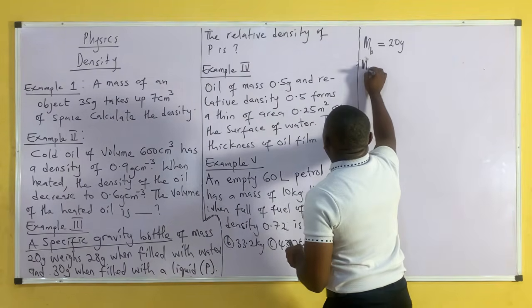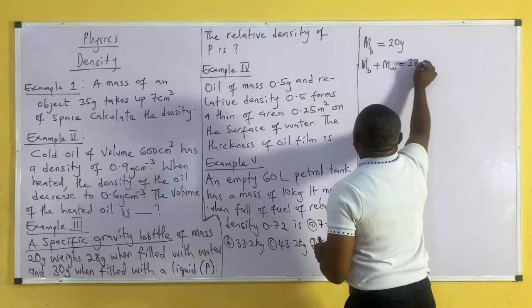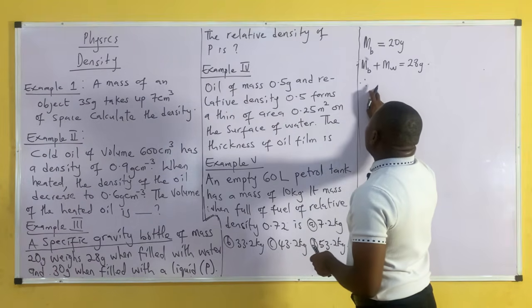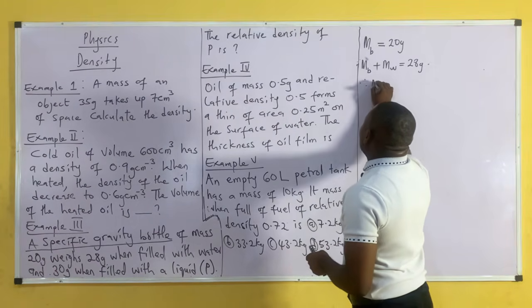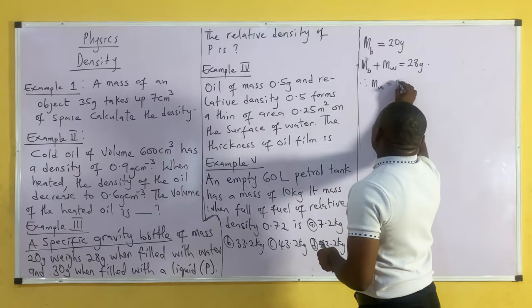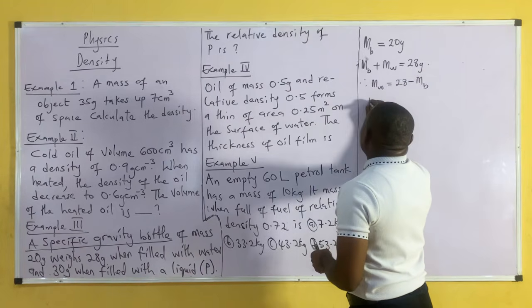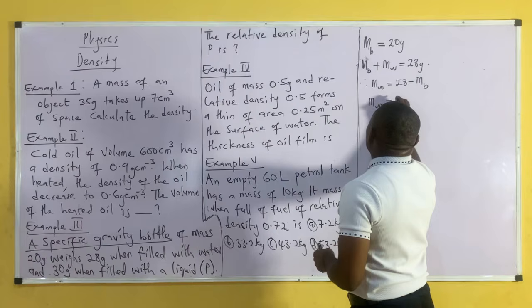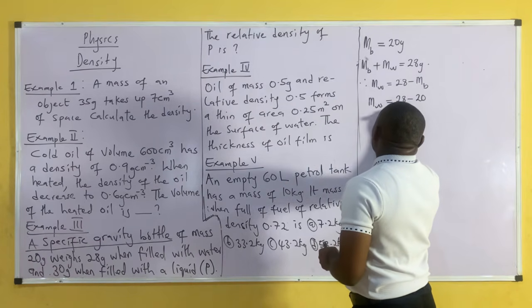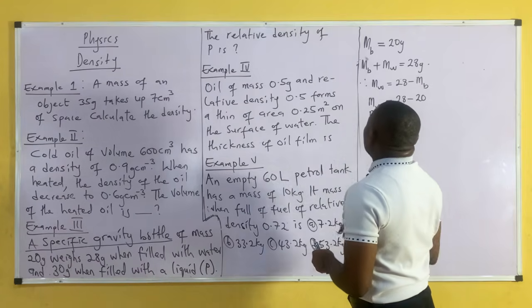So mass of bottle plus mass of water equals 28 grams. Therefore, I can tell you the mass of water. Mass of water is equal to 28 minus mass of bottle. So the mass of water is equal to 28 minus 20, which is equal to 8 grams. So the mass of water is 8 grams.